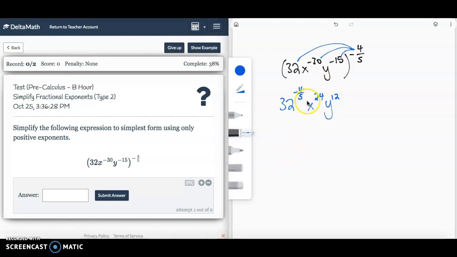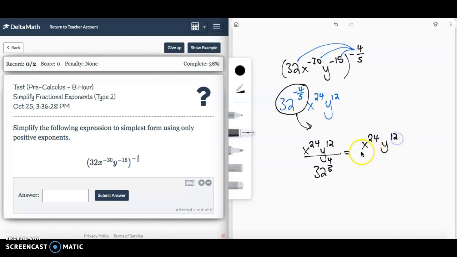And now I see that I have a negative exponent, so that actually belongs on the other side of my fraction. So I'll have x to the 24th, y to the 12th over 32 to the +4/5. And then we know we can rewrite 32 to the +4/5 using the power over index rule as 32 to the 4th and then the 5th root of that.